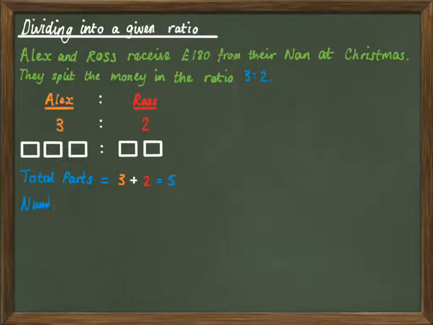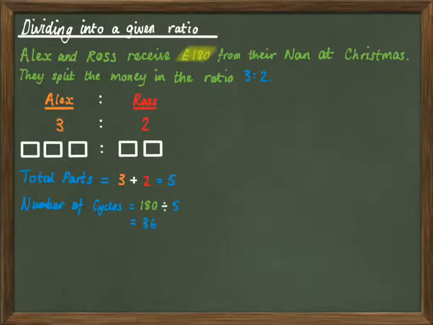So I know I give away £5 per cycle. Now I've got to find out how many lots of £5 I'm going to have to give away until I use up all of my £180. If you're trying to find how many lots of one thing are in another, you're generally talking about division. So it's £180 divided by 5: the total I've got divided by how much I give away per turn.